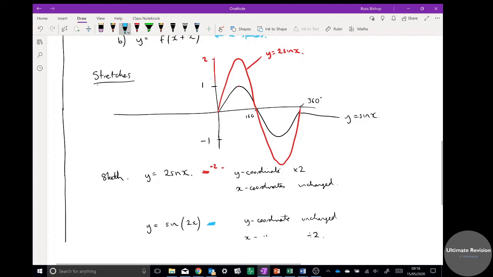So what's going to happen is this point here is going to shift in there, but all of these points are going to shift in by half. It's going to shrink this curve. It's going to squeeze it into double the frequency. So all of that graph is squeezed in. And that's y equals sin 2x. Again, y coordinates haven't changed, so it hasn't stretched at all in the y direction.